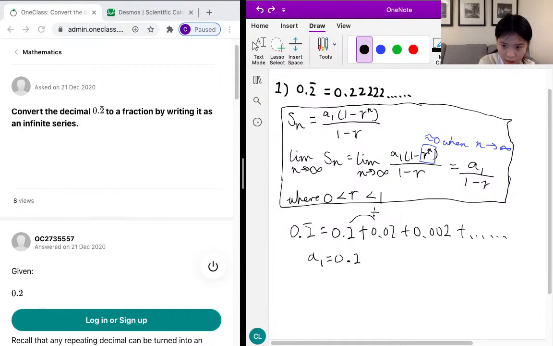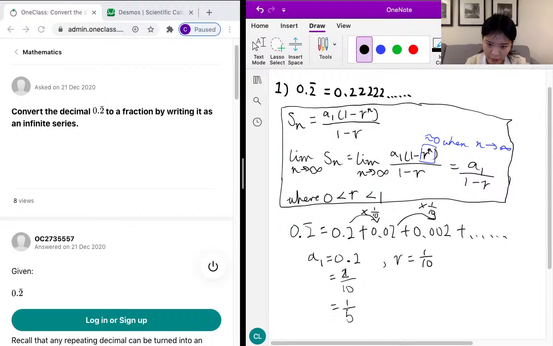So the factor between each subsequent term in this geometric series is 1/10, so R equals 1/10. And let's write A1 also in fraction form: it equals 2/10, which equals 1/5.